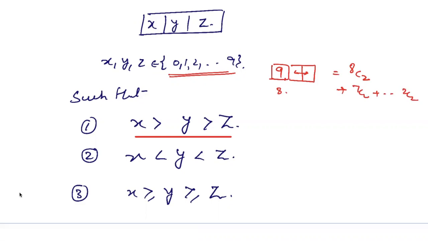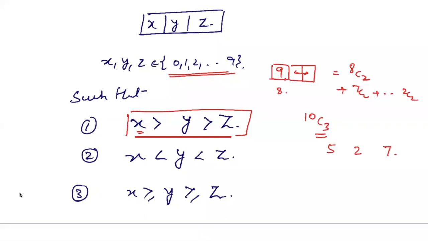Or we can say, let's suppose I am selecting 3 numbers, 10C3. Let any 3 numbers be selected, in this case 5, 2, 7.